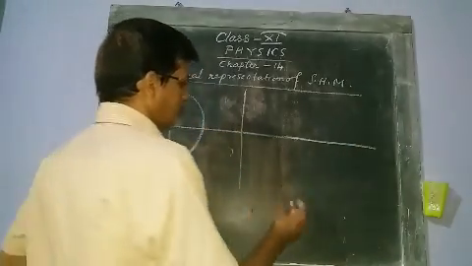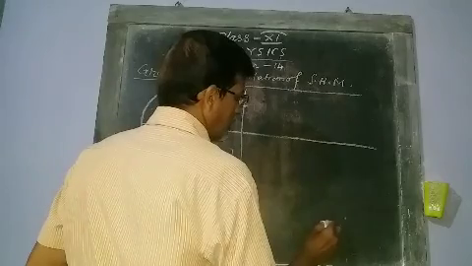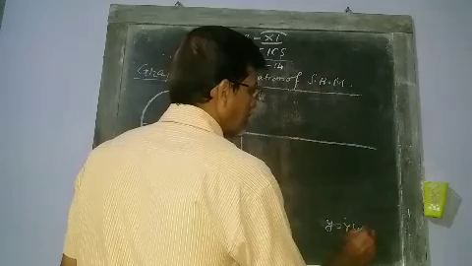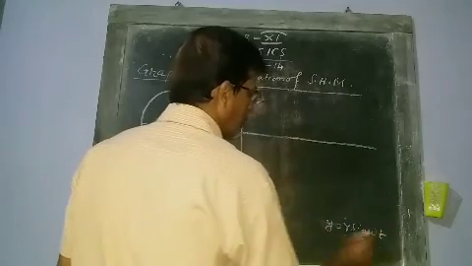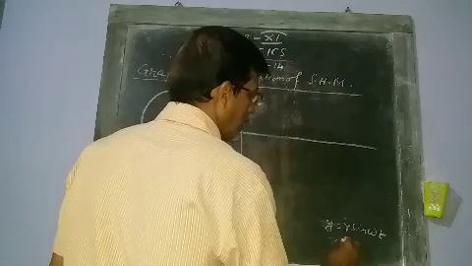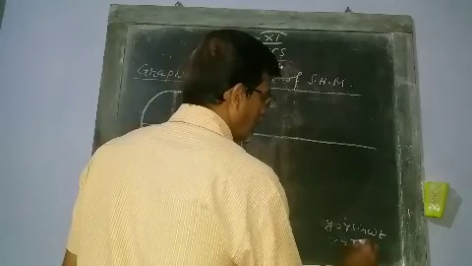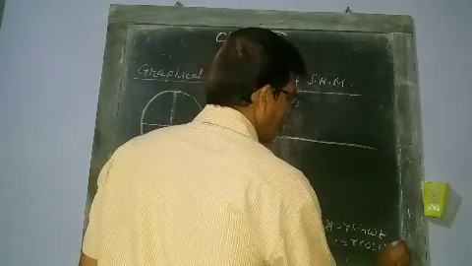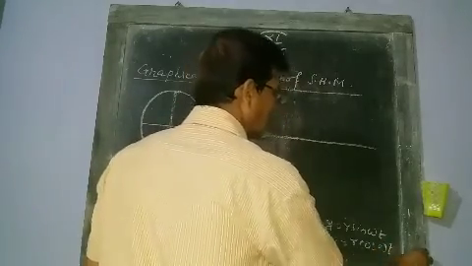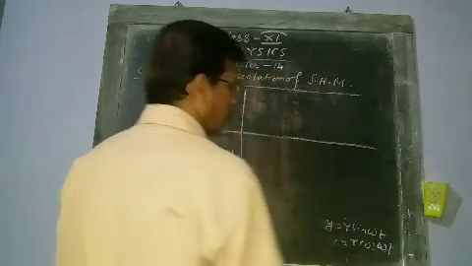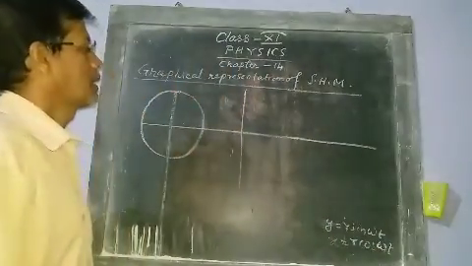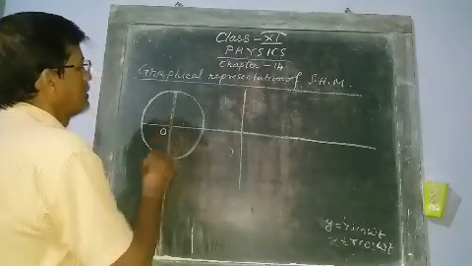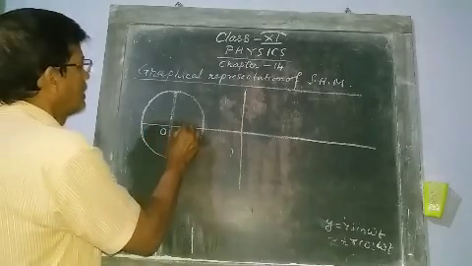What is the equation? y equal to r sin omega t, x equal to r cos omega t. So this is the origin, the center of the circular path, and this is the radius.